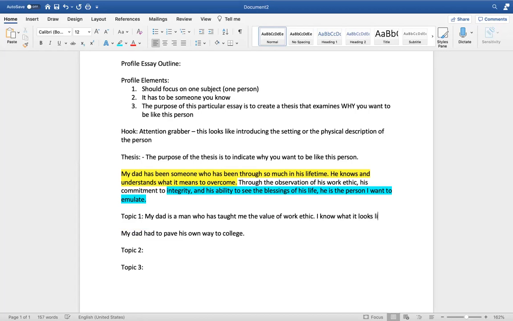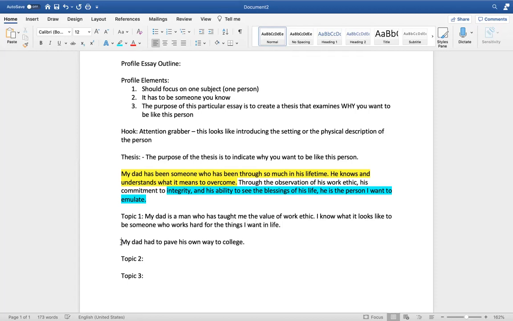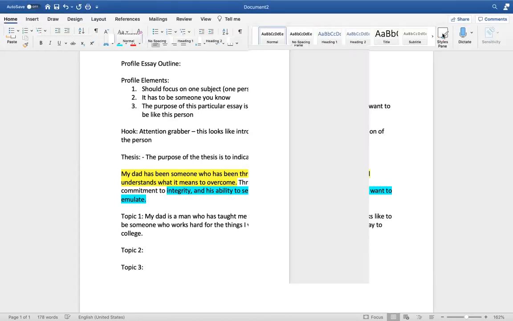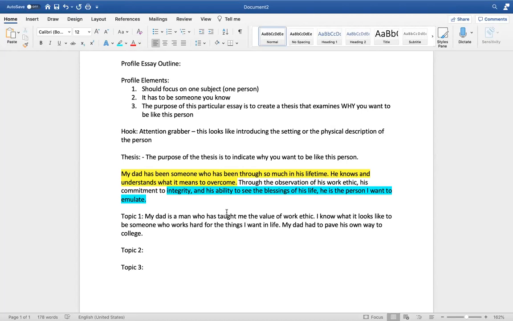I know what it looks like to be someone who works hard for the things I want in life. Then I'm going to go into his story. What you're doing is you're jumping straight to the story, but you're forgetting to paint the purpose. And the purpose is, why is this someone you want to be like?